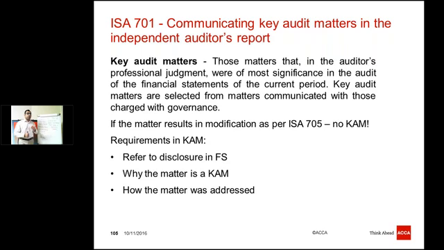However, when we come to the key audit matter, this perspective of the shareholder is not taken into account per se. Rather, the auditor says, what in my personal professional judgment were the key audit matters that were the significant risks and took a significant amount of time to resolve.